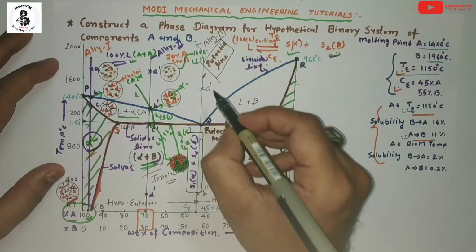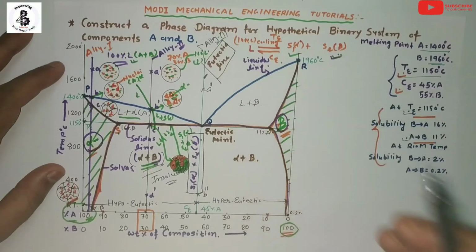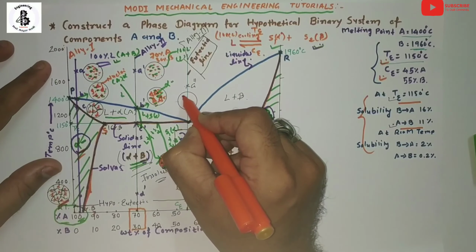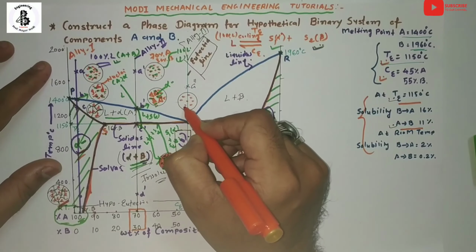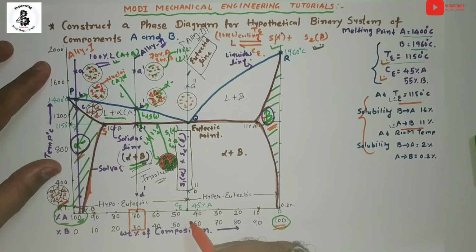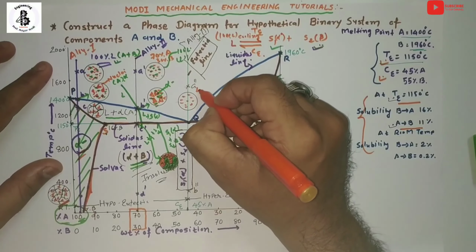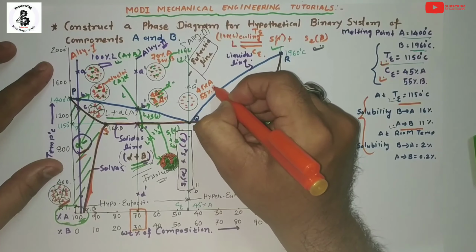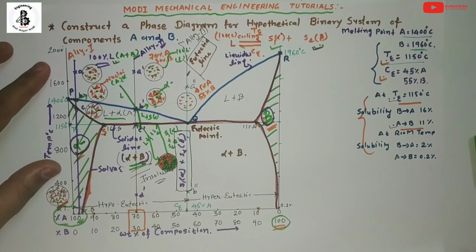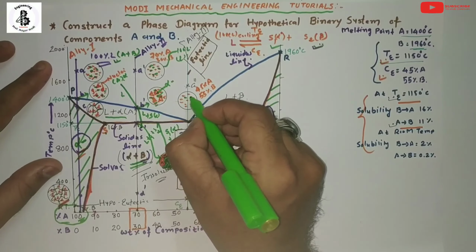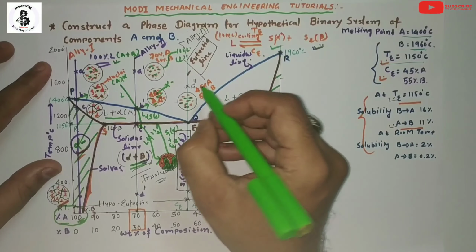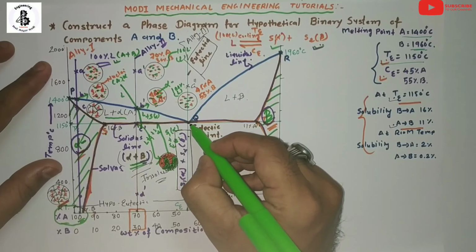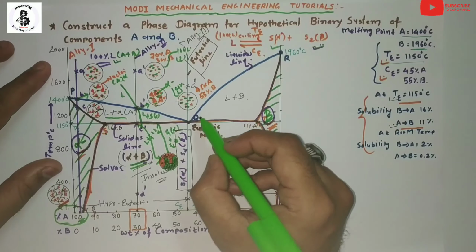You can see the microstructure just above the eutectic temperature. Just above the eutectic it always forms 100% liquid, and here it is the eutectic mixture, 45% of A and 55% of B. A is in liquid form and B is also in liquid form, so it makes 100% liquid above the eutectic temperature line.